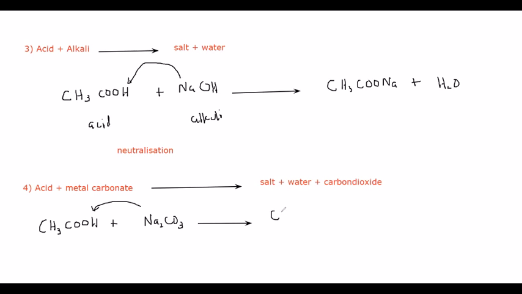So it will form CH3COONa, because the charge on the acetate ion or any ethanoate ion is -1 and sodium is +1. That's why it will be CH3COONa. Plus water, H2O, and carbon dioxide, CO2.